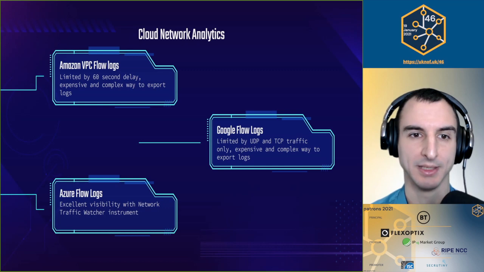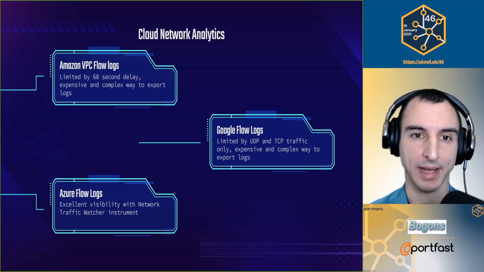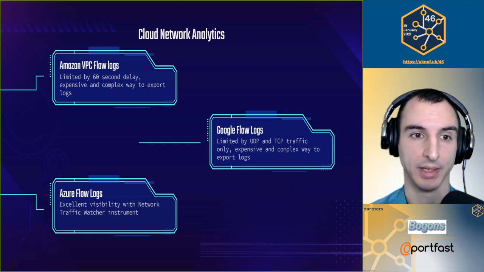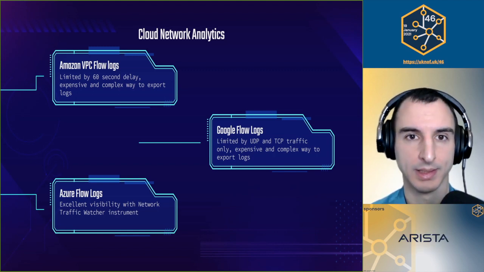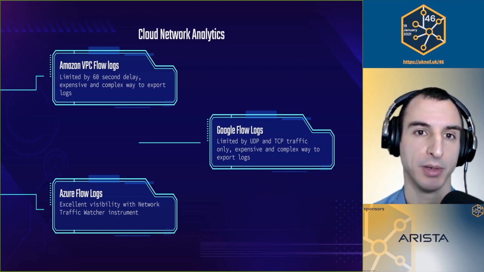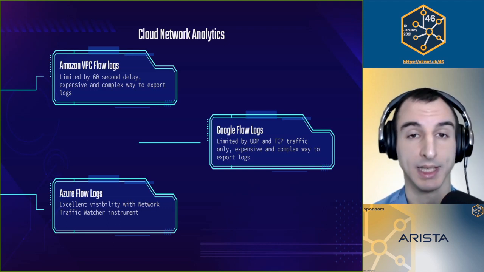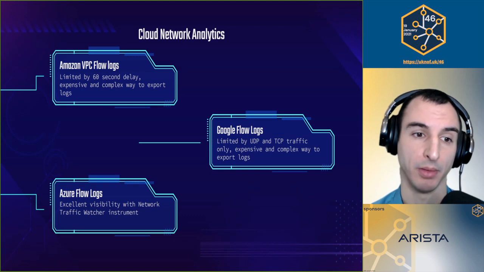It's not limited to TCP and UDP. And one of the issues is the 60-second delay, because in case of DDoS, it's very important to keep this delay as short as you can, but for Amazon, you cannot. So you will receive information about an enormous DDoS hitting your cloud infrastructure in 60 seconds. Sometimes you can wait, sometimes you cannot.